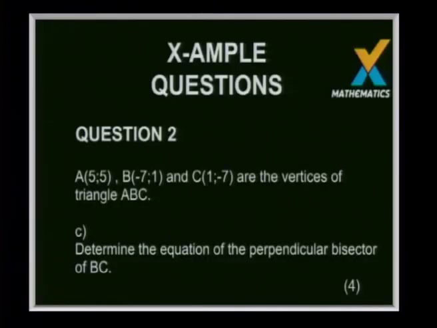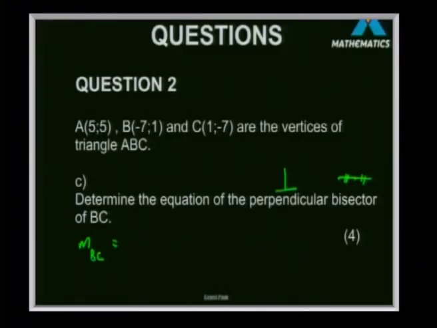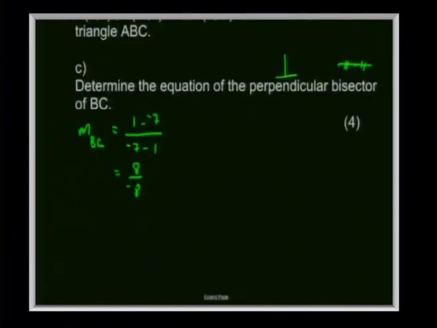A, B, and C are vertices of a triangle. Determine the equation of the perpendicular bisector, there it crops up again, of BC. Now, the first thing we're going to have to do is work out the slope of BC. Well, I'm going to say 1 minus 7 over minus 7 minus 1, which gives me 8 over negative 8, which is -1.